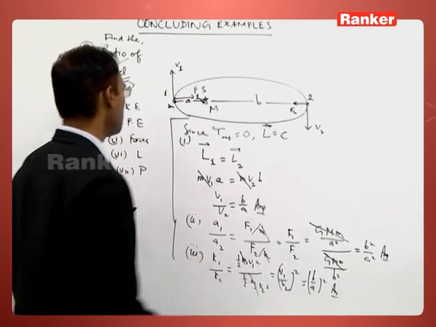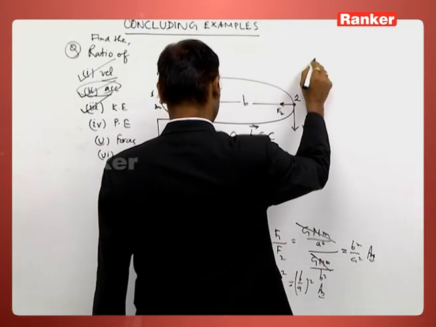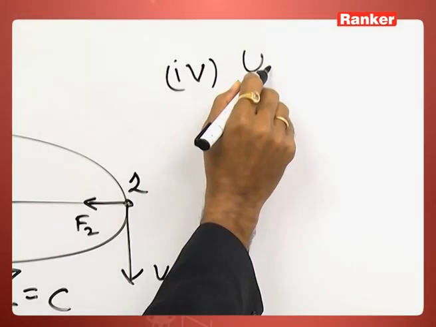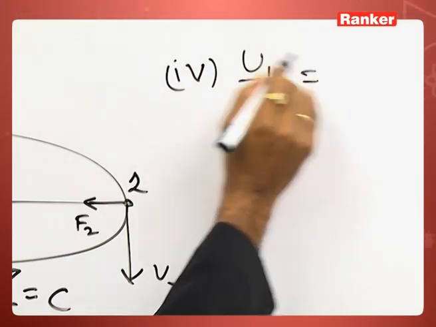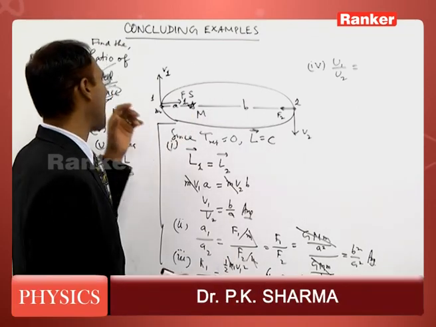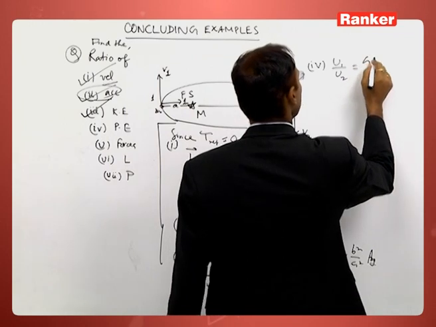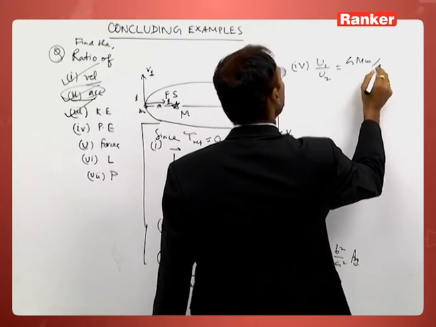And potential energy, U1 upon U2. The expression for the potential energy of interaction between two masses in gravity is given as G m1 m2 by r.